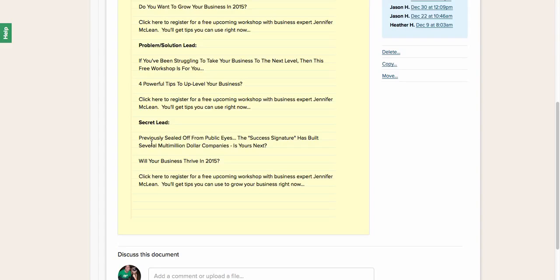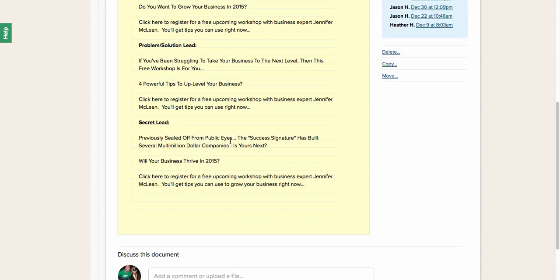That was the reason they had hired us: they wanted to roll this out and start to scale it. So this program had been previously unavailable to the public. I wanted to create some curiosity about this secret beforehand, and that's why I came up with this flag, or pre-headline basically, where we start off by saying, "Previously sealed off from the public eyes."